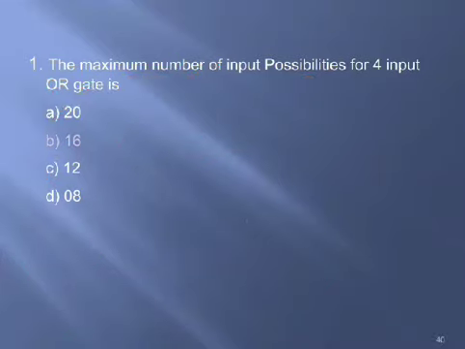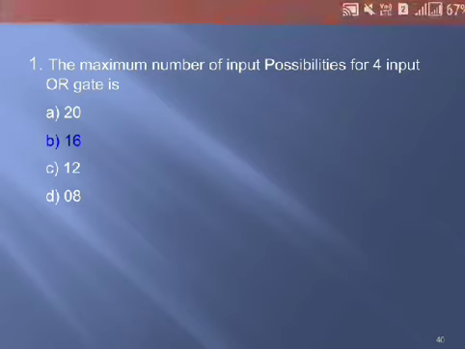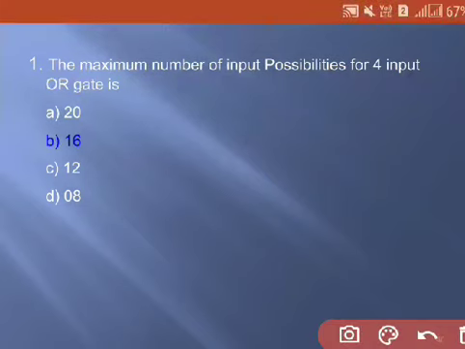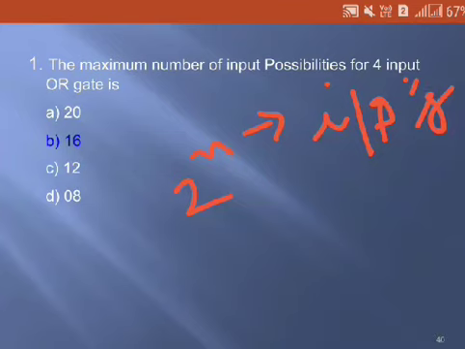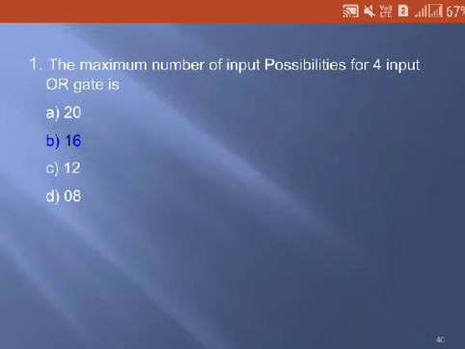So option B is correct. The formula for finding the input possibilities is 2 to the power of n, where n is the number of inputs.